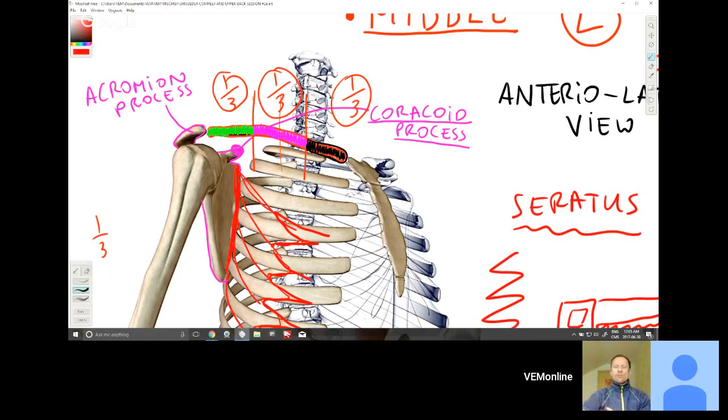Then we have the sternum, obviously. So the sternum is divided into 3 parts. This right there is the manubrium. This is the body.